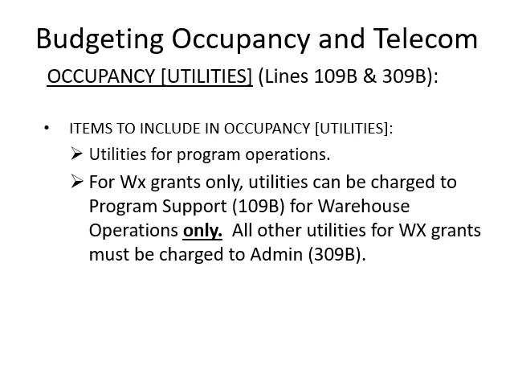The items in general to include in the occupancy utilities budget would be utilities for program operations. Again, for weatherization only, utilities can be charged to program support 109B or warehouse operations only. All other utilities for weatherization grants must be charged to admin, line 309B.